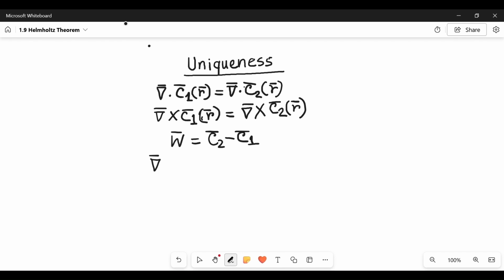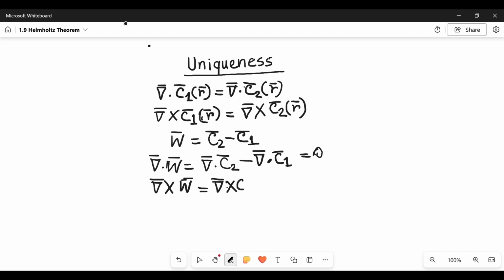So the divergence of W will be zero, and similarly the curl of W is also 0.